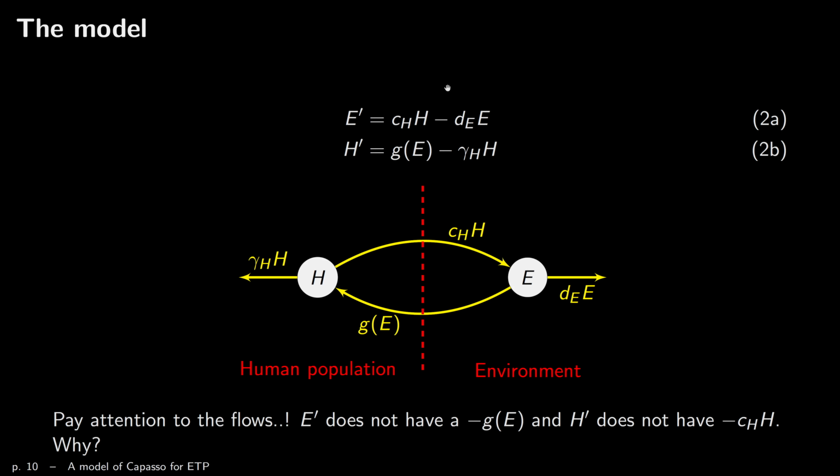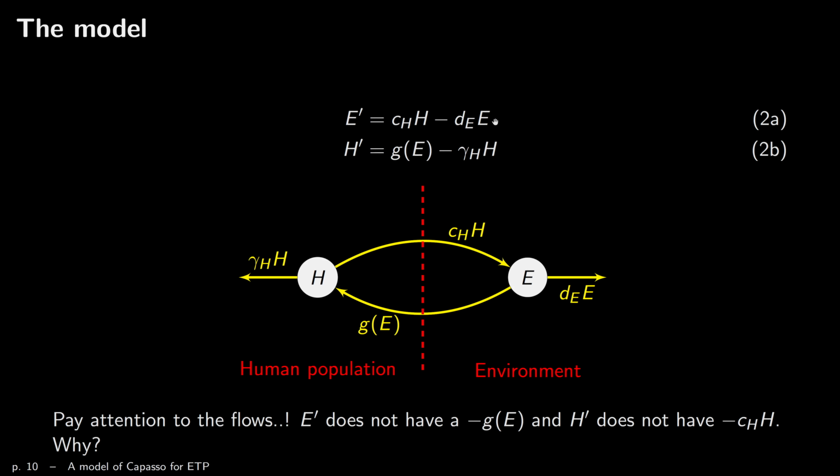Here, this is not the case. So you can see that, for instance, this CHH that is coming in positively here is not removed from the H equation.